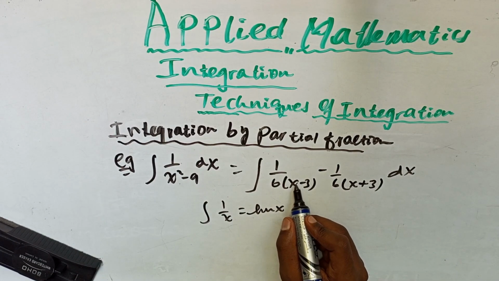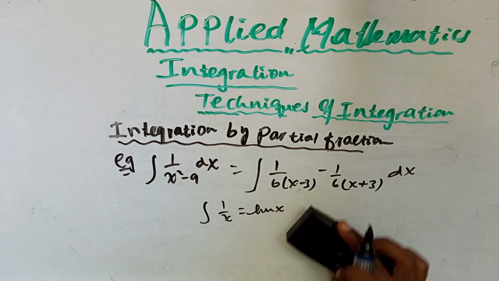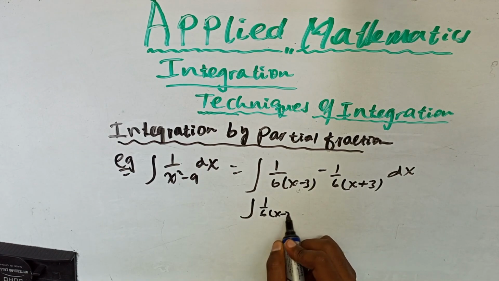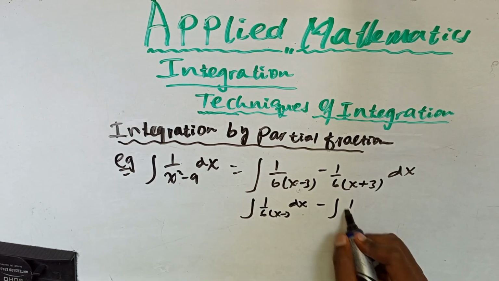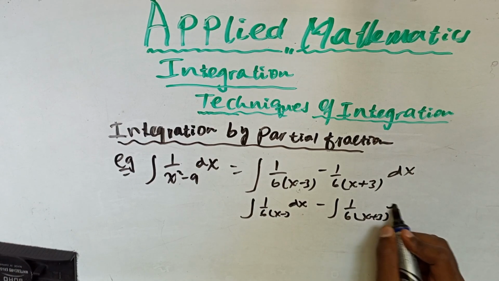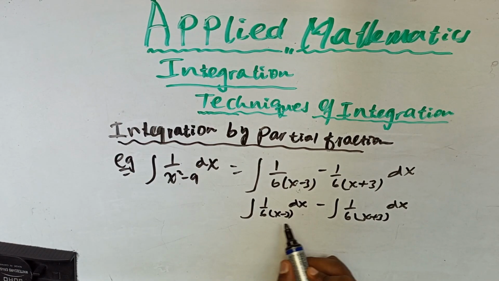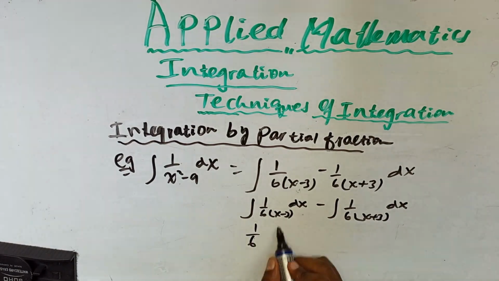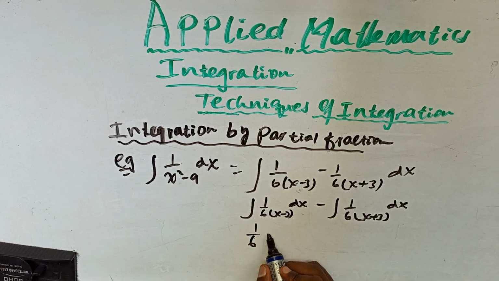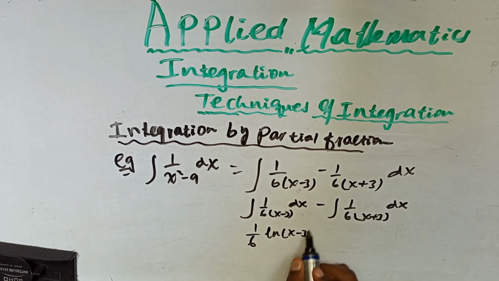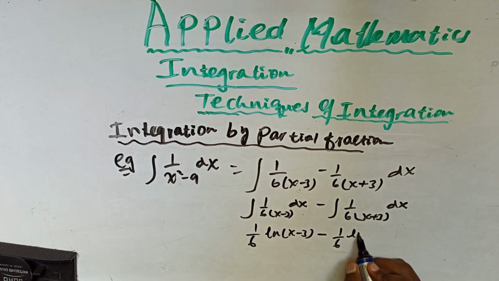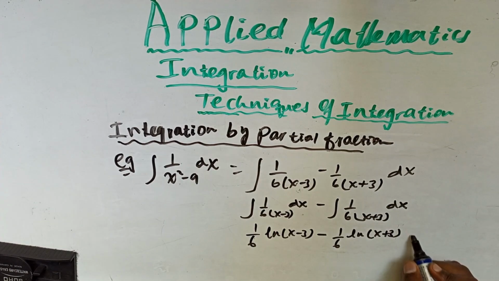So we have the integral of 1 over 6(x minus 3) with respect to x, minus the integral of 1 over 6(x plus 3) with respect to x. Since 1 over 6 is a constant, we take it outside. The integral of 1 over x minus 3 is ln of x minus 3, minus 1 over 6 times the integral of 1 over x plus 3, which is ln of x plus 3, plus a constant because it is an indefinite integral.